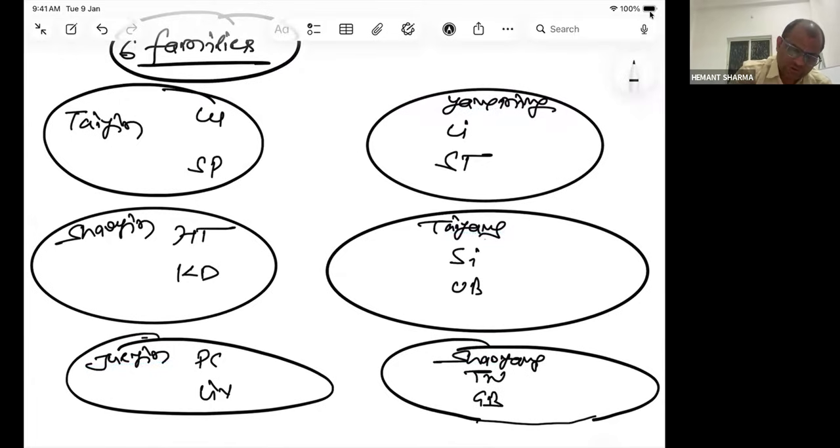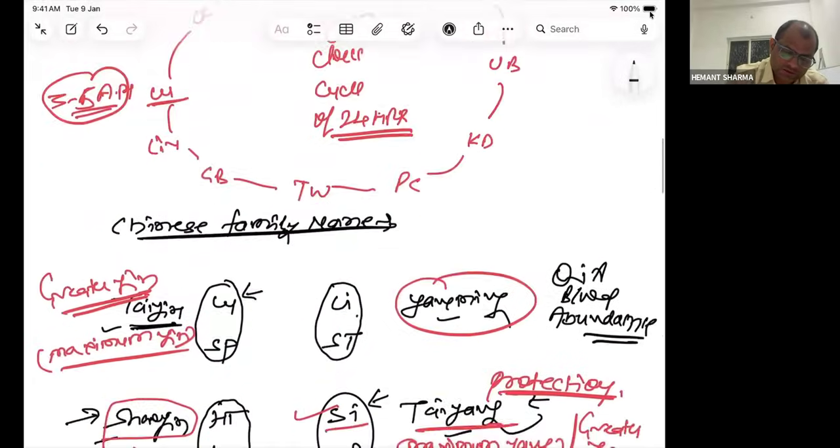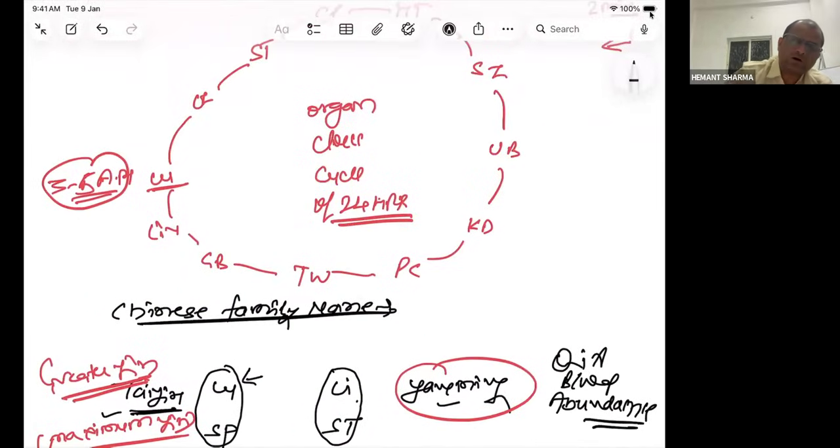So first we should know the names of these six families. If we know the names of these six families and the organ clock cycle, then we can learn the whole system given by Dr. Tan. Now nothing is difficult after that. Only this was the difficult part which we discussed.